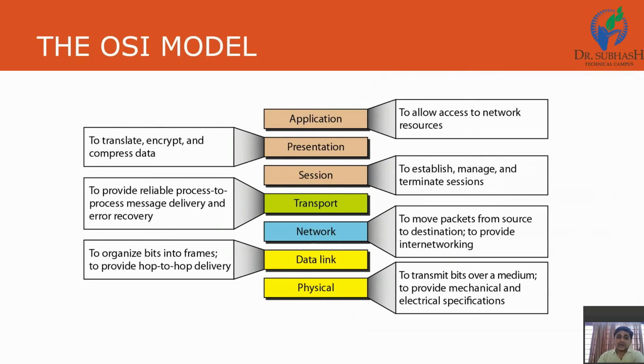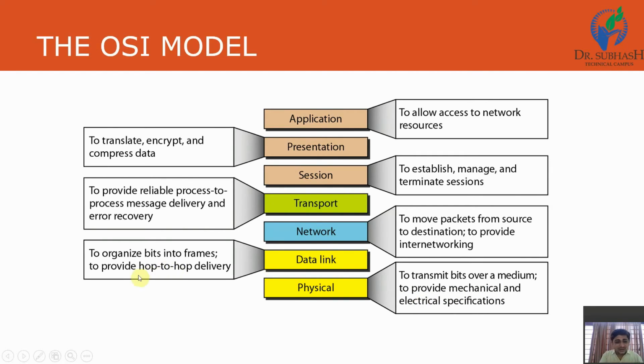So again we have a basic chart related to all 7 layers. See here: physical layer, data link layer, network layer, transport layer, session layer, presentation layer and application layer. If we want to remember in a single sentence: the physical layer transmits bits over a medium and provides mechanical and electronic specifications.